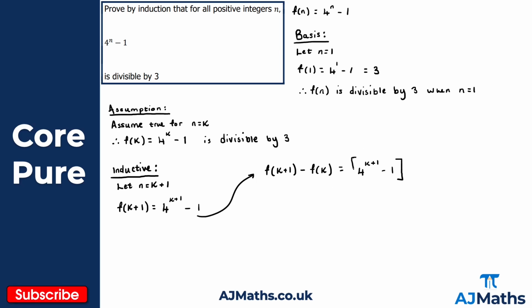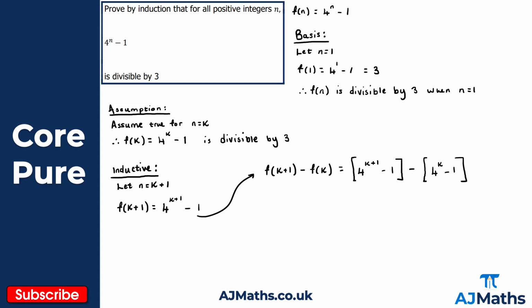So setting this up here in square brackets like so. We then minus f of k here. So f of k is 4 to the power of k minus 1. There we have it.